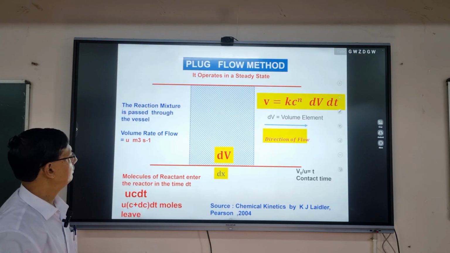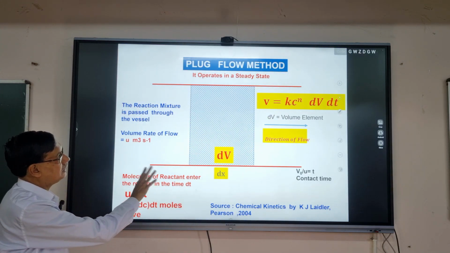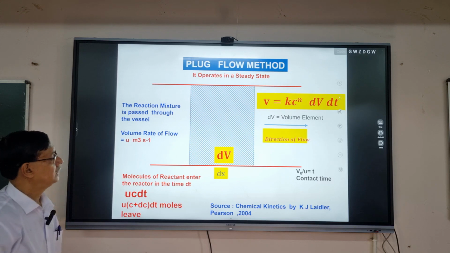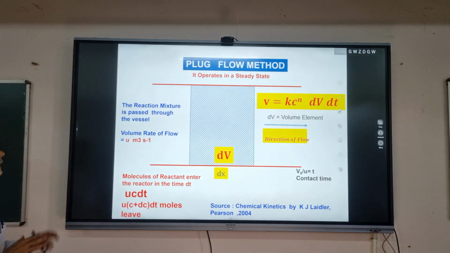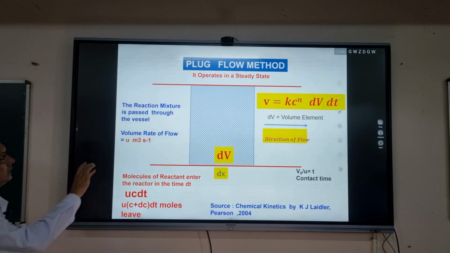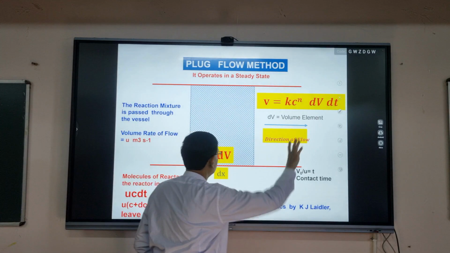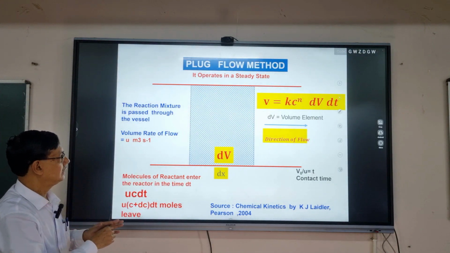Now lastly, because I have to go to a meeting, just to save time, today I will not derive it, just tell you. This is a very nice diagram of the plug flow method. Consider this, sometimes they call it a vessel or a reactor. There are two parts.